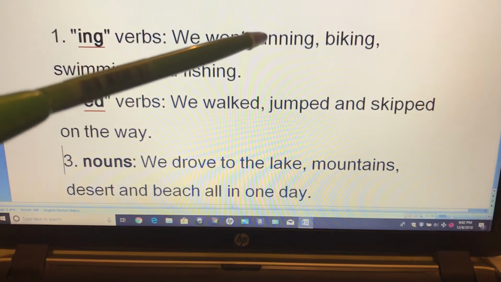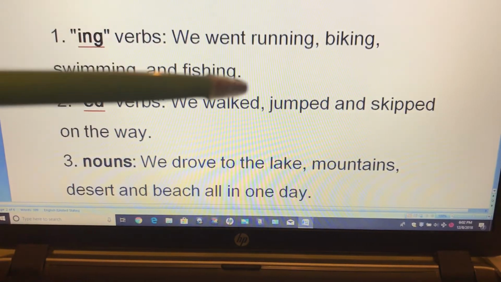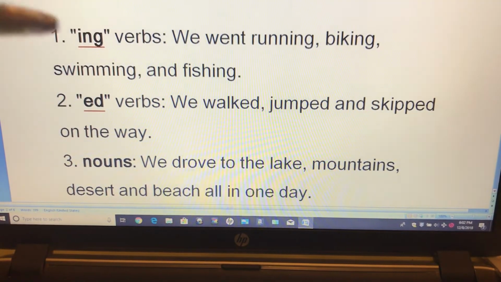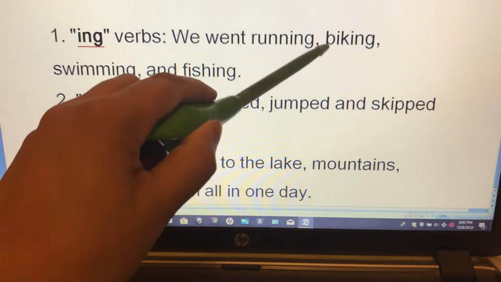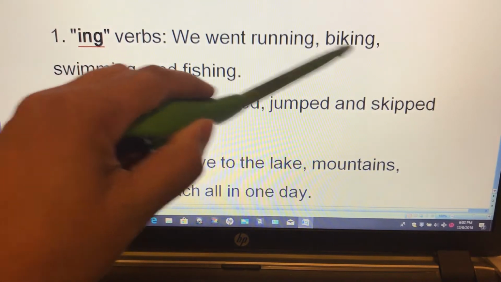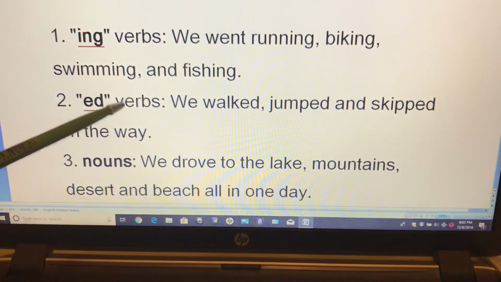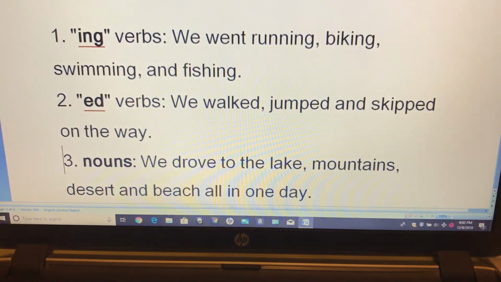We went running, biking, swimming, and fishing. This is a sentence, right? We went running, ing running, ing biking, swimming, and fishing.